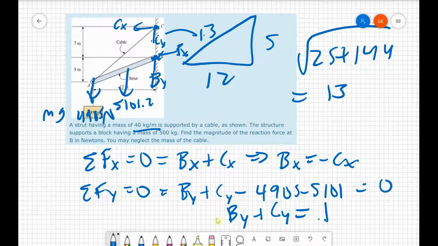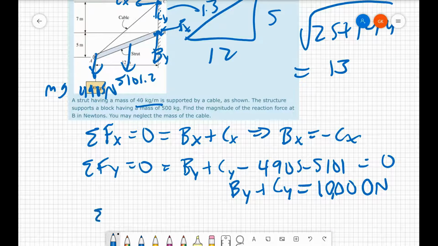Would be 11,006, I believe. 10,006. That's why you have to be careful. 10,006, which for the sake of sanity, and also because this is EGR 250, we don't want to go that many decimal places, or any significant figures. So 10,000. Okay, newtons.